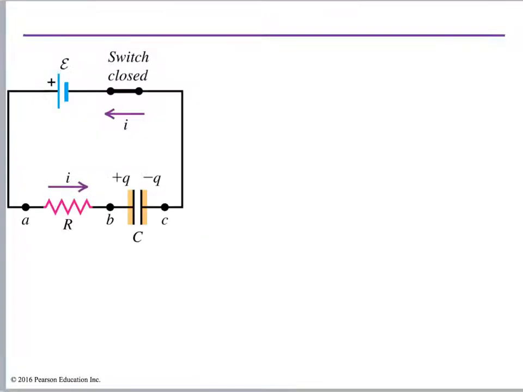So first I'm going to think about what happens the instant the switch is closed, and then what will happen after a long time, thinking about the two endpoints. So at t equals 0, just when the switch is closed, at that instant, there's no charge on the capacitor, because we're just getting started.